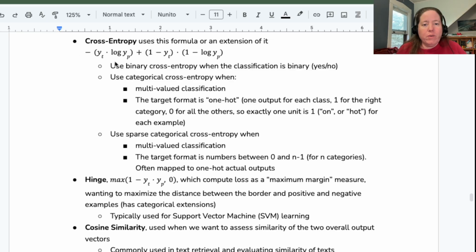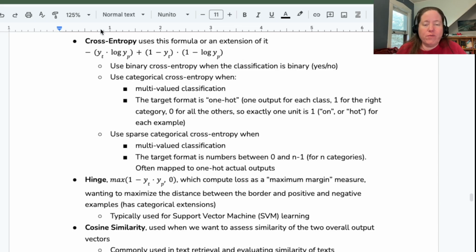So what's going on here with cross entropy? Well, the value y here is the target value, and the log of p is the predicted probability that a particular example is in this category.